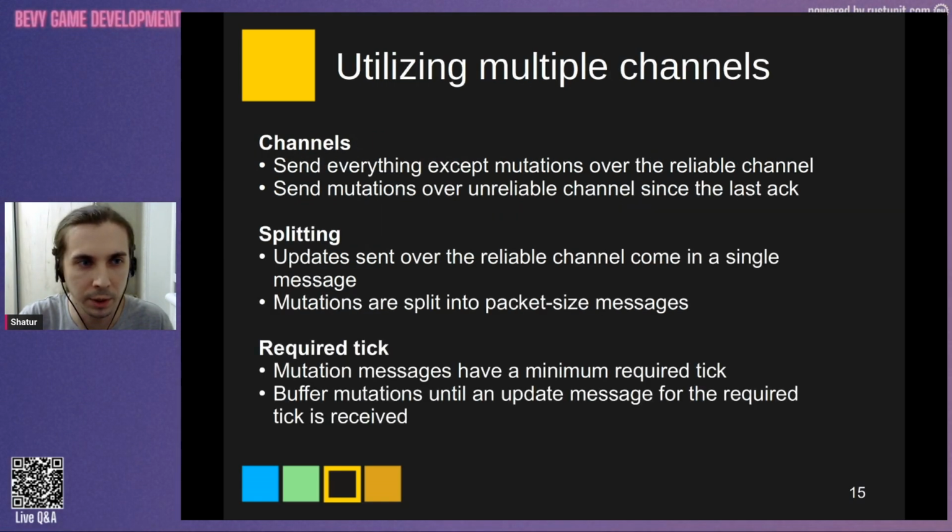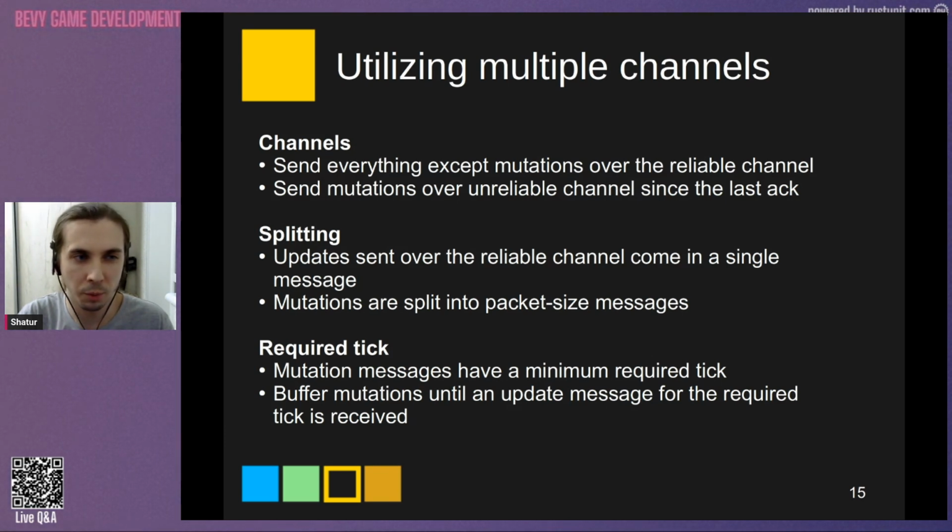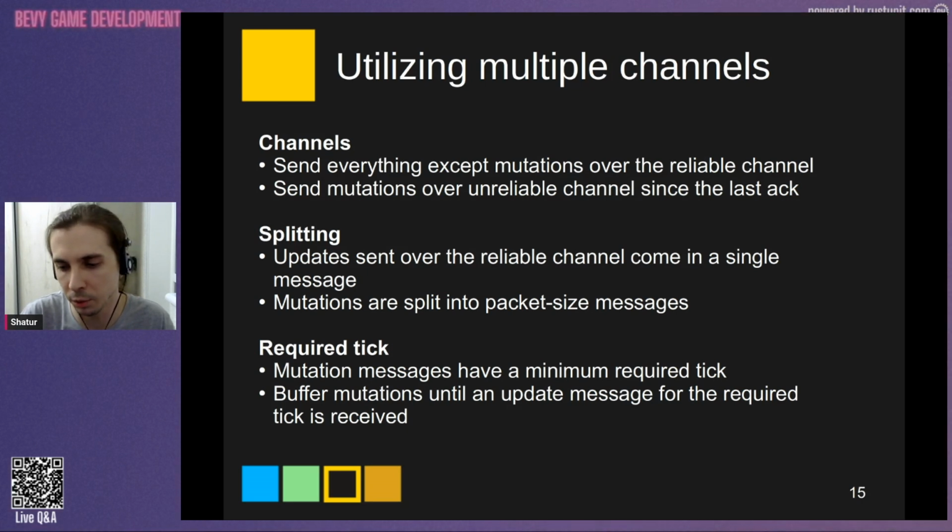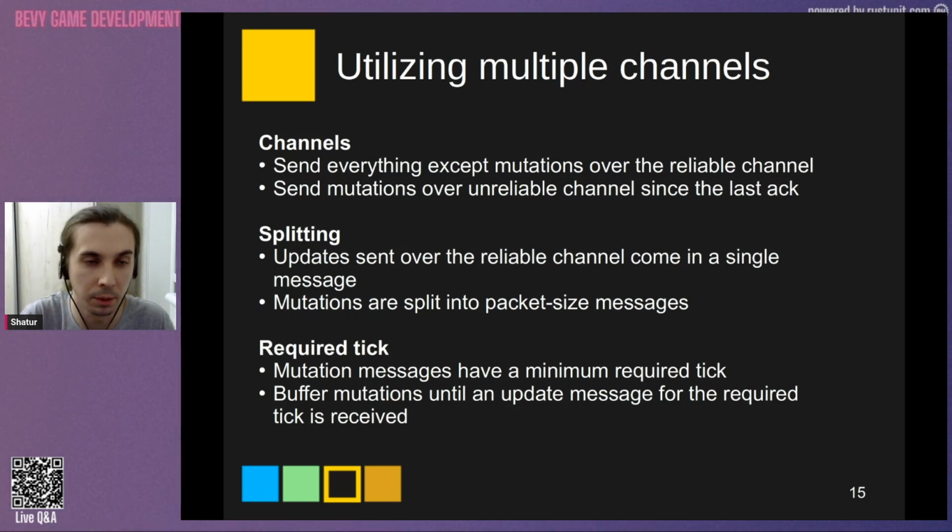So the proper solution for this would be utilizing multiple channels. And that's exactly what we do. The idea is quite simple, actually. So basically, we send everything except mutations over reliable channel. Things like insertions, spawns, removals can be out of date. Even if you spawn and despawn an entity, your client might want to run some logic related to it, for example, count the number of deaths.